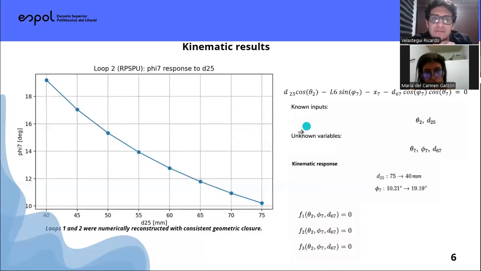When D25 changes from 25 to 4 millimeters, the corresponding values of phi7 from 10 to 20 degrees are the solution provided by the solver. The results show the internal kinematic response of loop 2 while maintaining geometric closure. It is not the final coupling evaluation, which requires the loop 3 outputs.